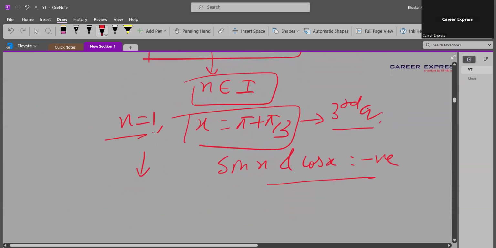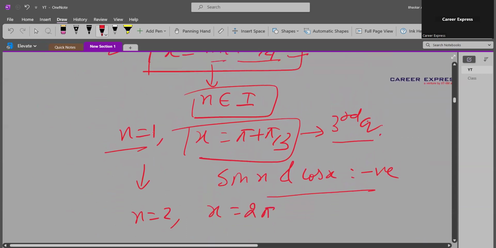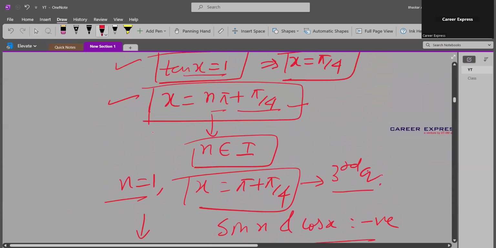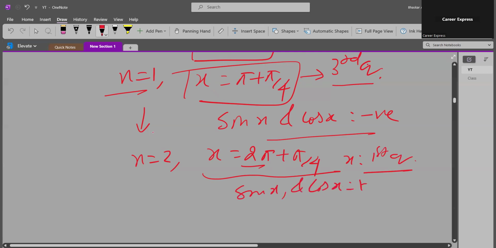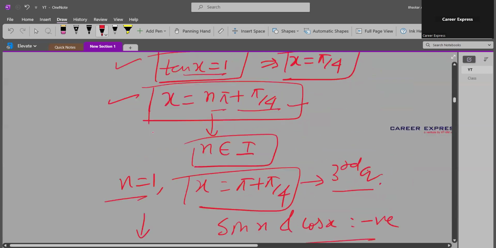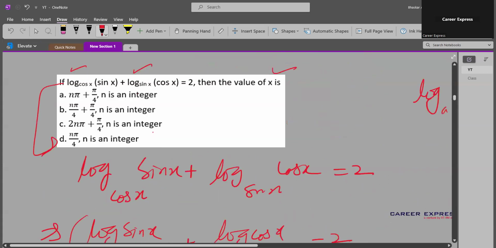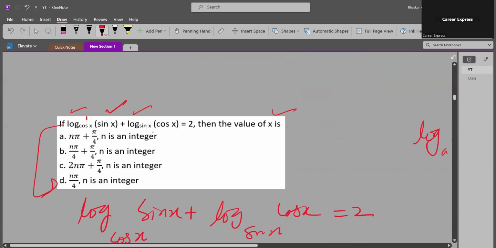But if I put n equal to 2, then x becomes 2 pi plus pi by 4. Now 2 pi plus pi by 4 here, x will be in first quadrant. And if x is in first quadrant, both sin x and cos x are positive. That means these two positive values for sin x and cos x can be used in log.